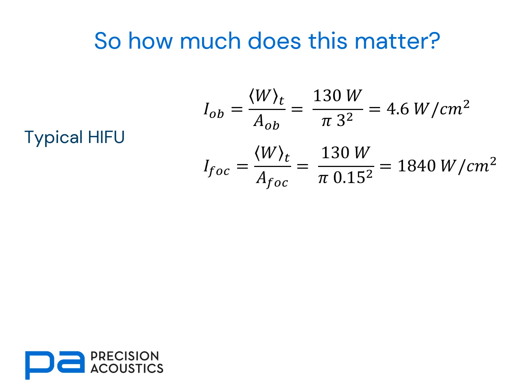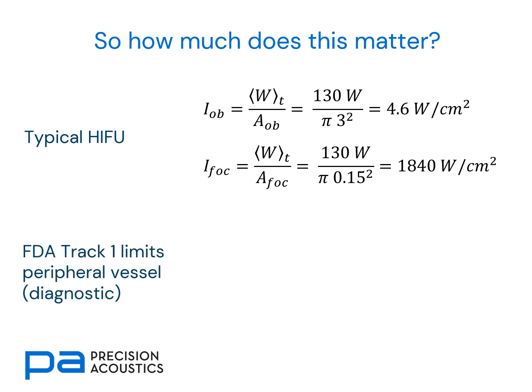At focus though, the focal spot is typically 3 millimetres across, so 0.15 centimetres, and therefore we get a focal intensity of nearly 2 kilowatts per centimetre squared.